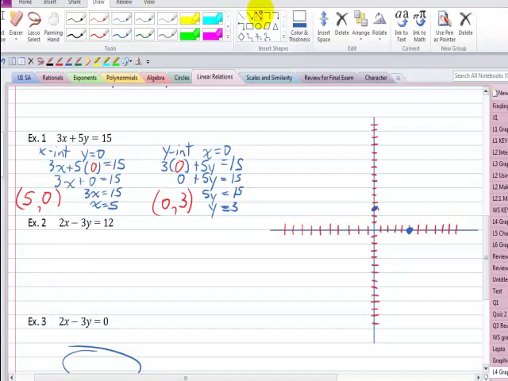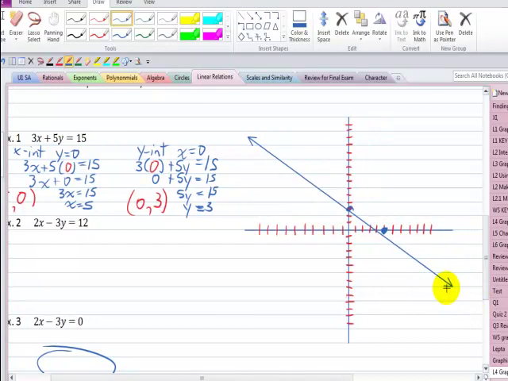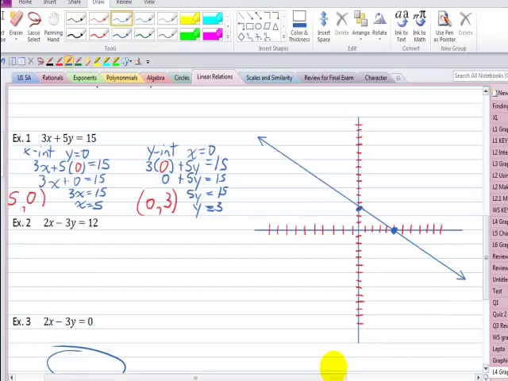Now, because I don't have sidelines to my grid, what should I use to help show that my line goes forever? Arrows. So since I'm not using a small grid, I want to show my lines go forever by putting arrows on there. Good. And what else should I put on my line so I know what the line is?